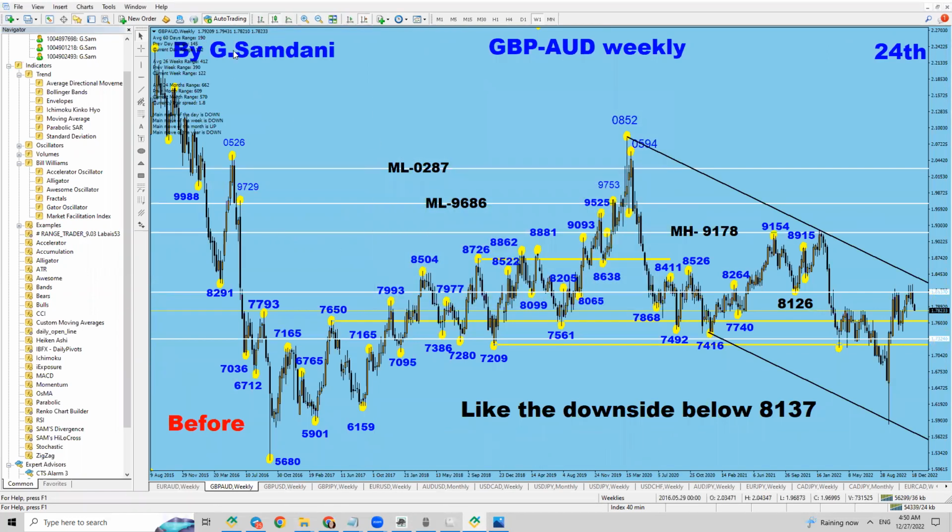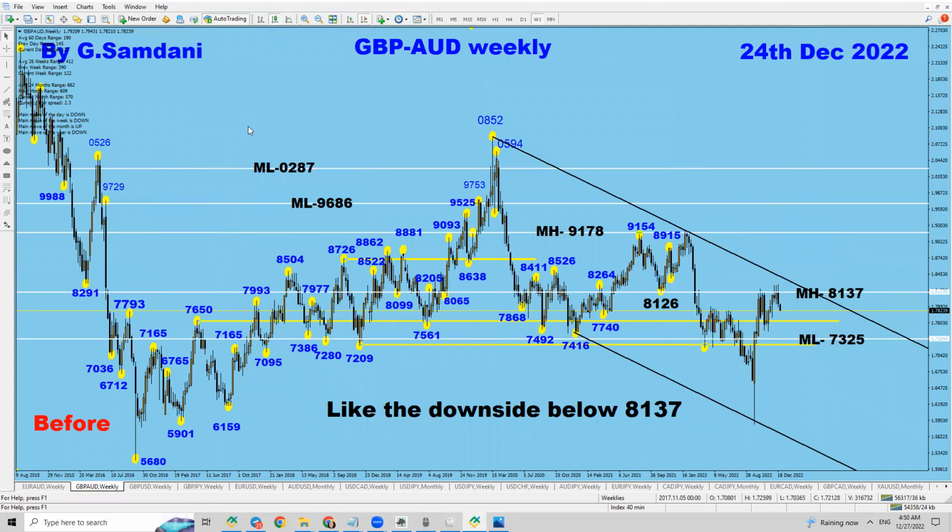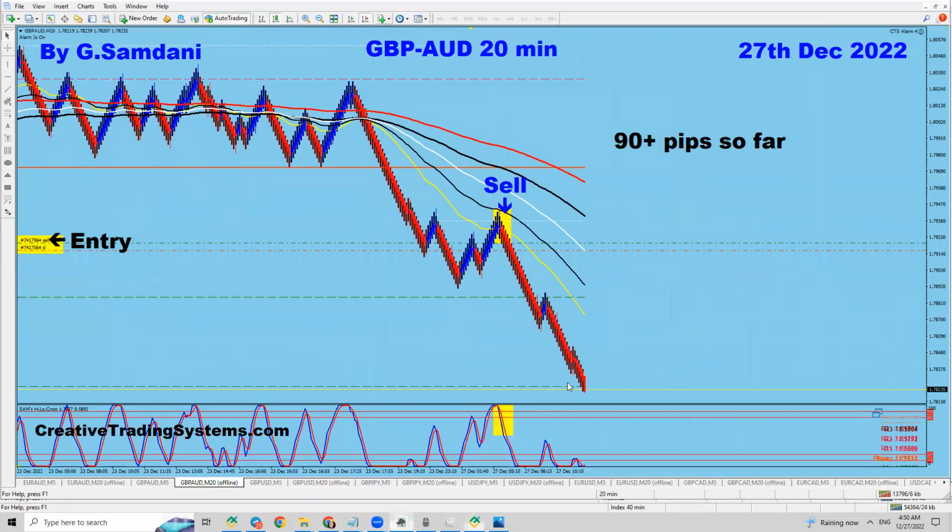We have a 190 pip trade, and even on Friday it did 145, and so far the day range is 122. So the 122 pip range has already been done. 190 is the target, but it has dropped in a straight line and I have 90 pips positive, and it's at S2 right now. So you know what? I'm not going to be greedy. It's a slow time, last week of December. So this is a good trade.